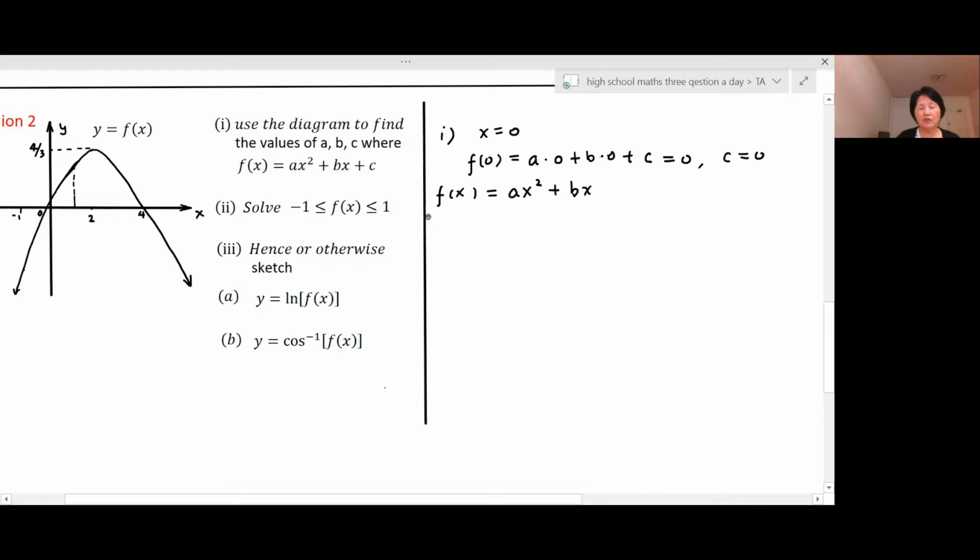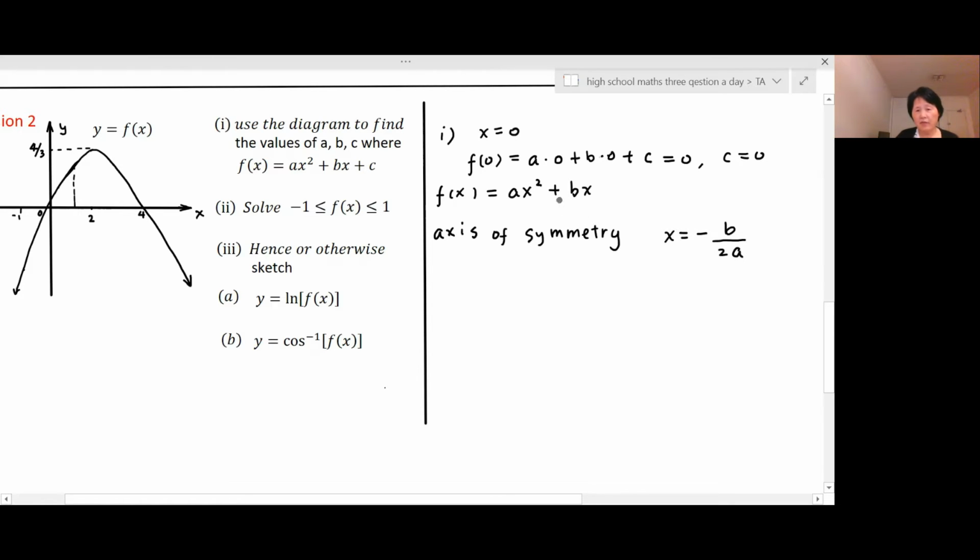Then I want to find the axis of symmetry, so x will be equal to minus b on 2a.